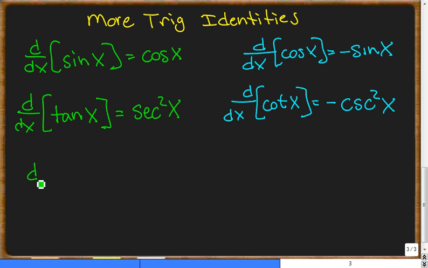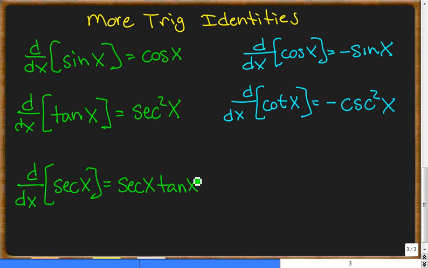Now, as we go down, the last couple functions we have are secant of x. Now this one, again, we've linked secant and tangent so far. So the derivative of secant is a positive secant x tan x. Now, if you're clever, you can probably figure out already what the derivative of cosecant of x is going to be.